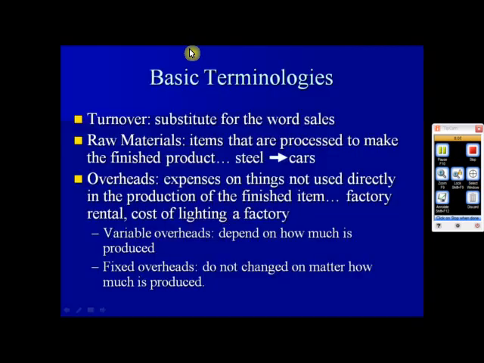Basic terminologies: turnover is a substitute for the word sales. Raw materials are items that are processed to make the finished product, such as steel for cars. Overheads are expenses on things not used directly in the production of the finished item, such as factory rental and the cost of lighting a factory.